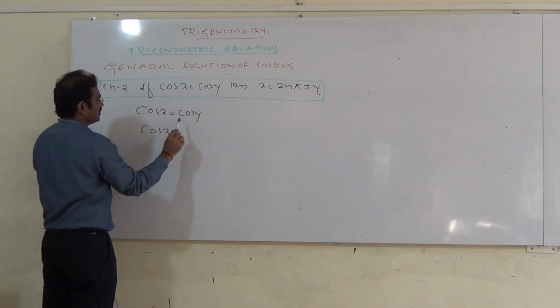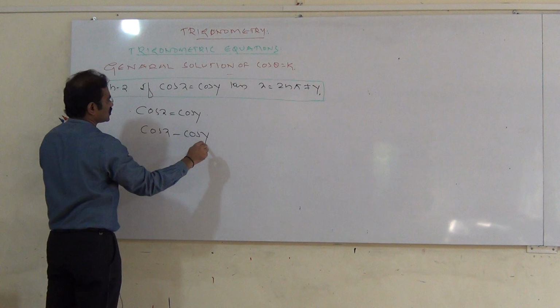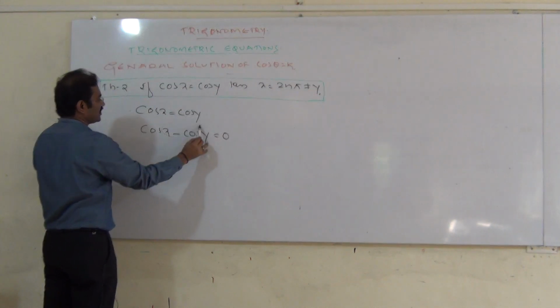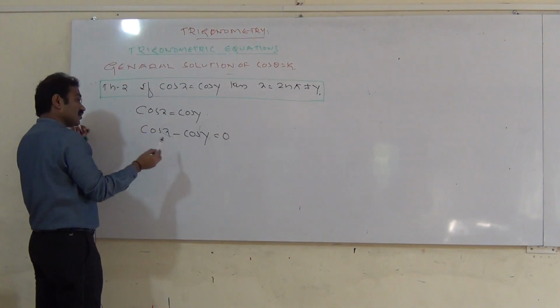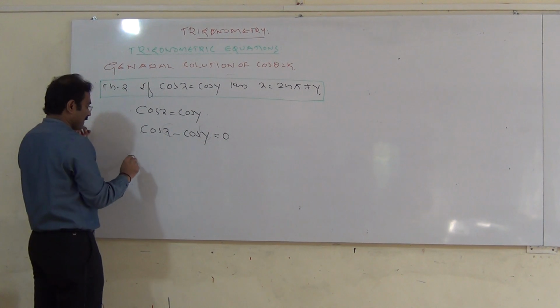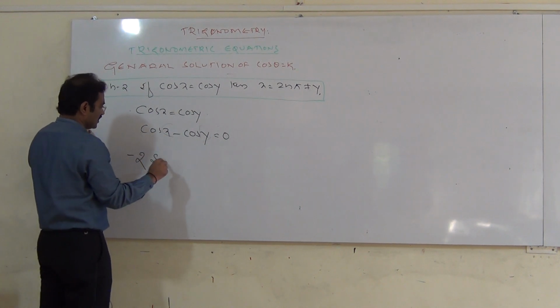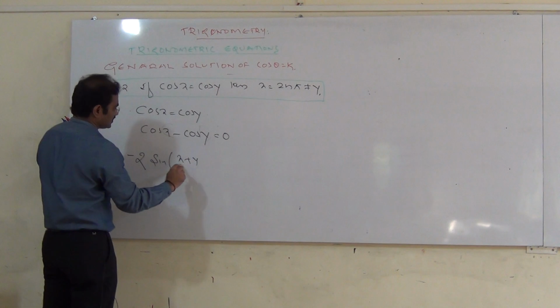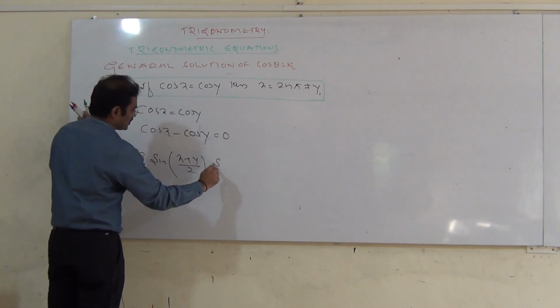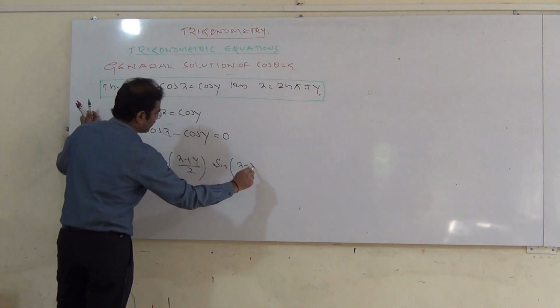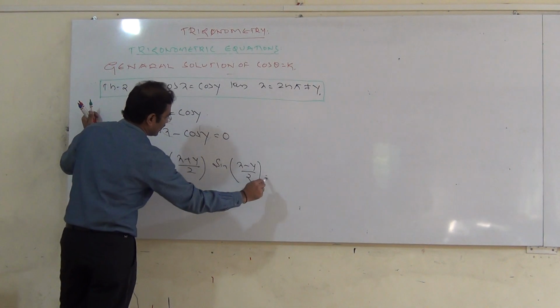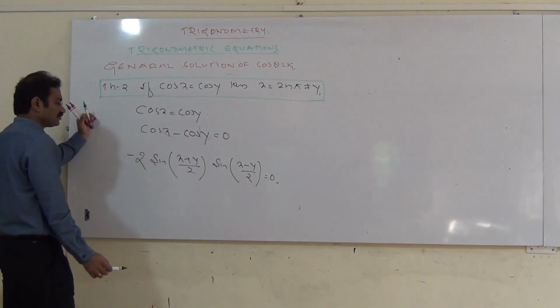It is given. Cos x minus cos y is equal to 0. Cos c minus cos d, what is cos c minus cos d? Minus 2 sine c plus d by 2 sine of c minus d by 2 is equal to 0.